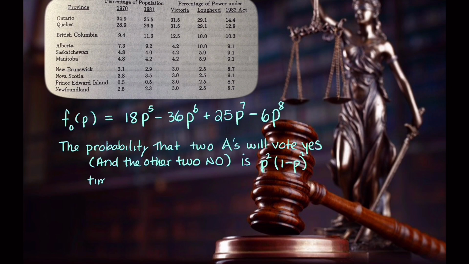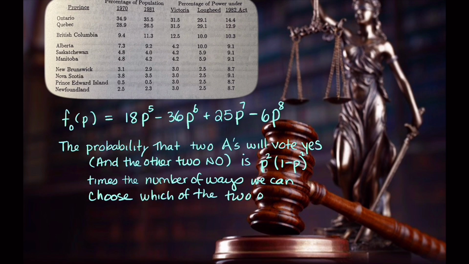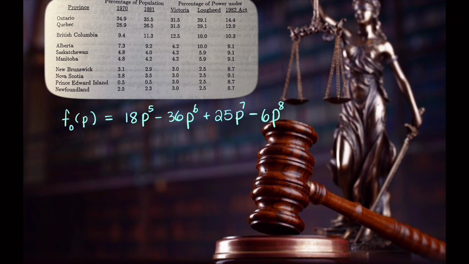In other words, the probability that the 2 Atlantic provinces will vote yes and the other 2 vote no is p squared times (1 minus p) squared. And that's multiplied by the number of ways we can choose which 2 out of the 4 Atlantic provinces will vote yes. So we get to dealing with what are called binomial coefficients.